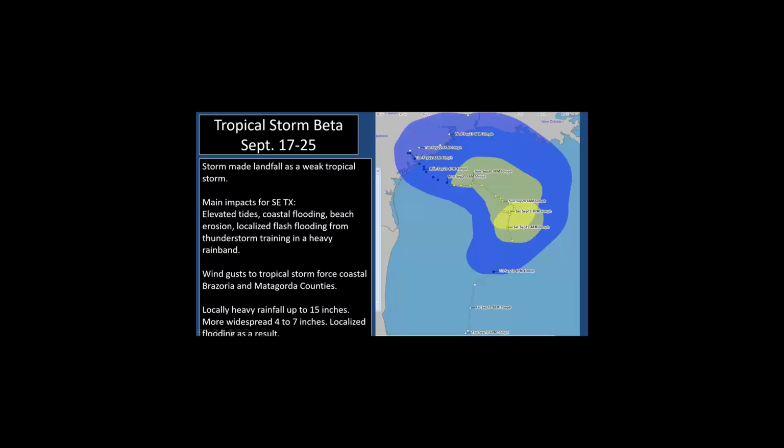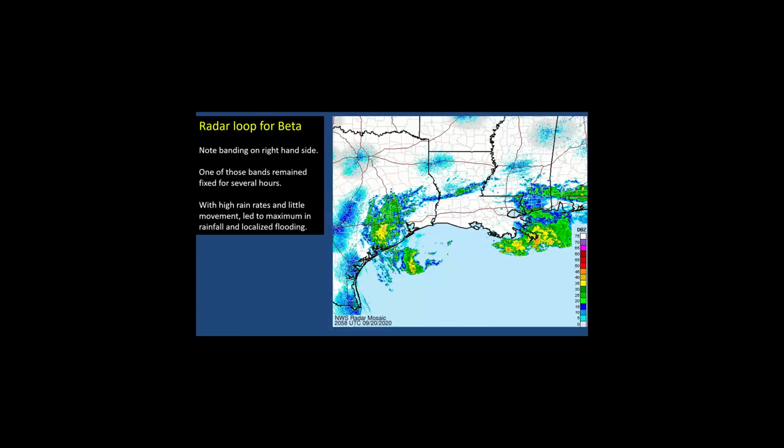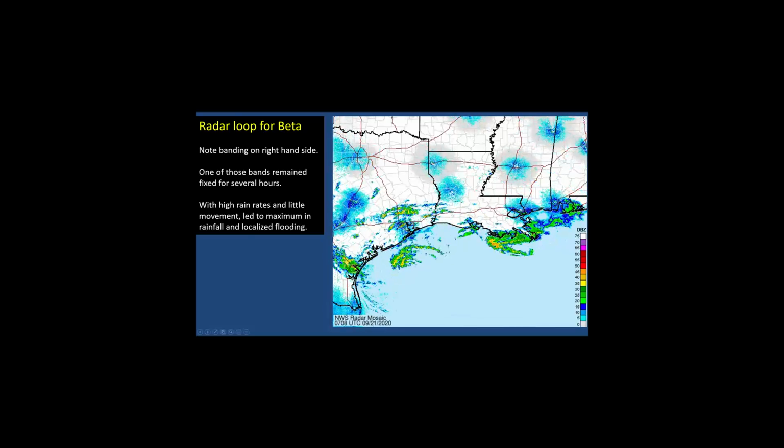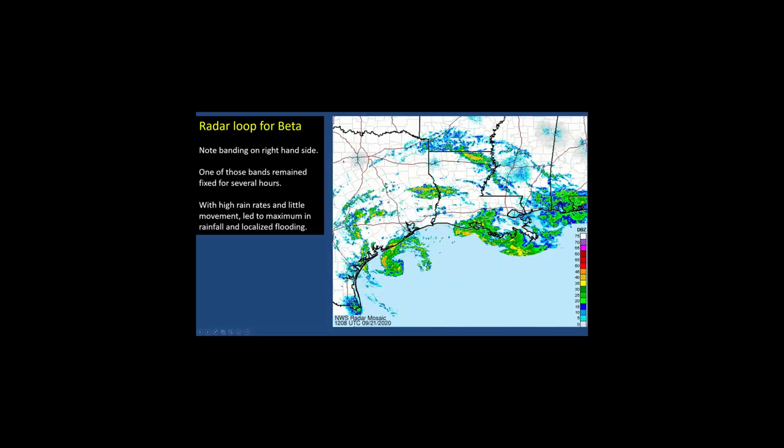We did see some storm surge with this, because not only did we have a weak system, but we also had some pretty strong northeast winds north of the track. There was a high pressure system to the north, so that's a good answer as well. But for a slow moving tropical storm, right away think about flooding rains. And here's a radar loop of Beta, and you'll be able to see the swirl coming on in and falling apart.